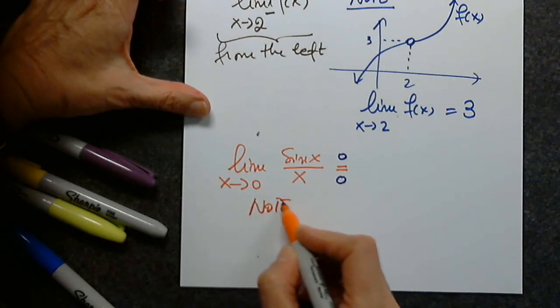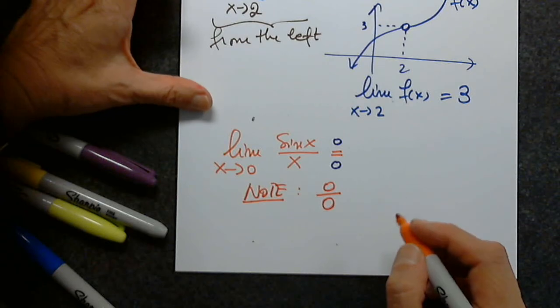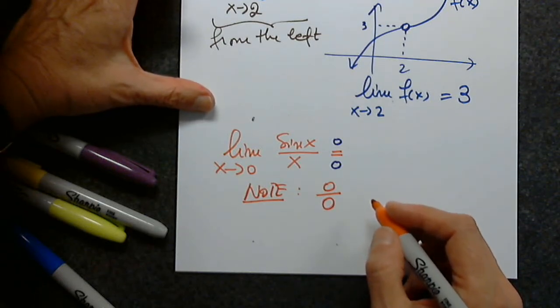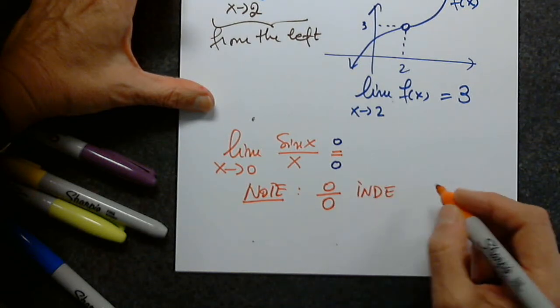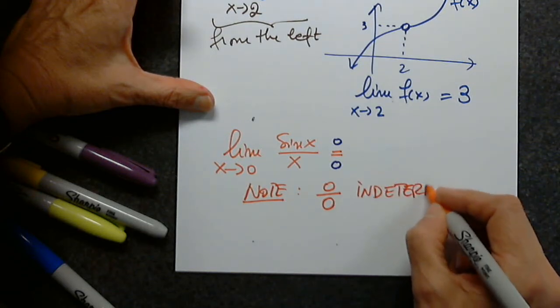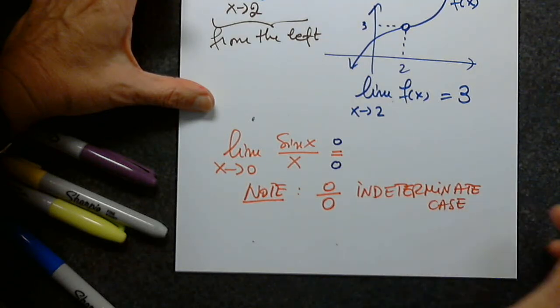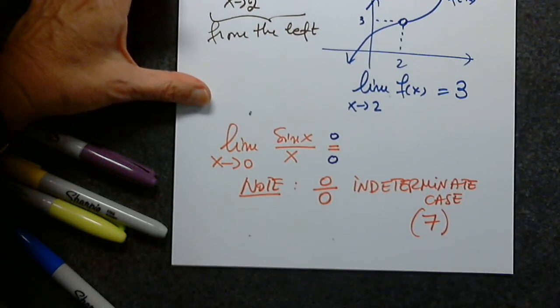Note, 0 divided by 0 is not undefined. It's called indeterminate. Indeterminate case. There are seven such indeterminate cases.